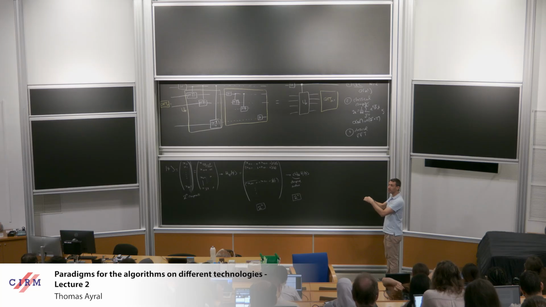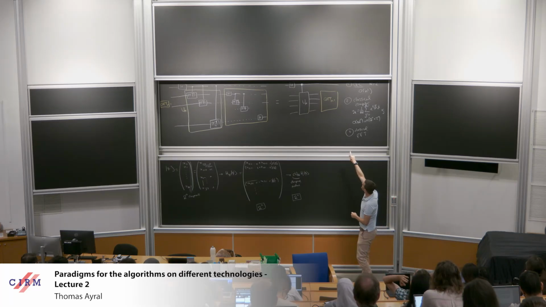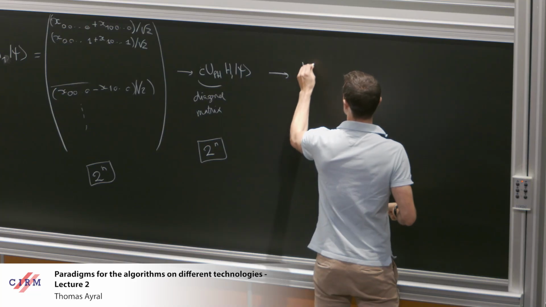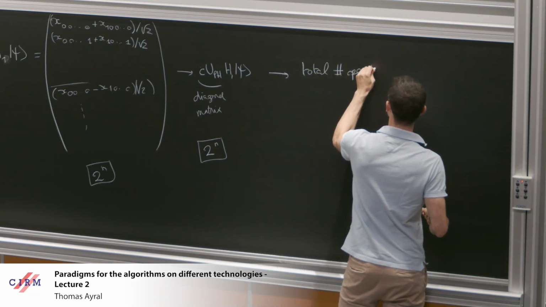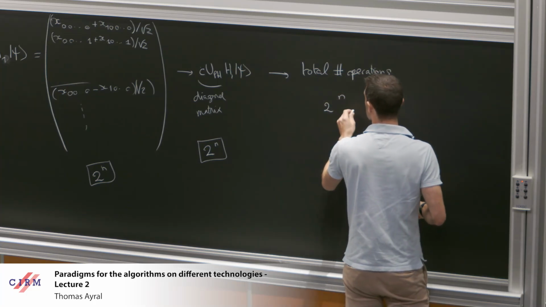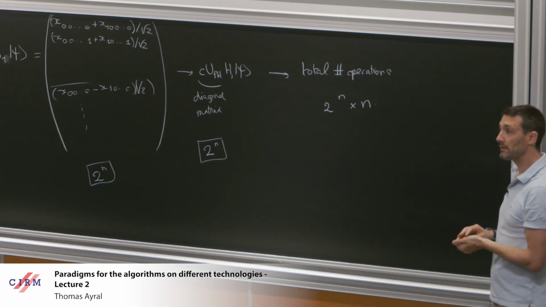But now, since I'm doing a recursive algorithm, for the rest, QFT n minus 1 is also recursive. So I'm going to do n applications of this same block. So the total number of operations I do is 2 to the n times n. Do you all agree with this?